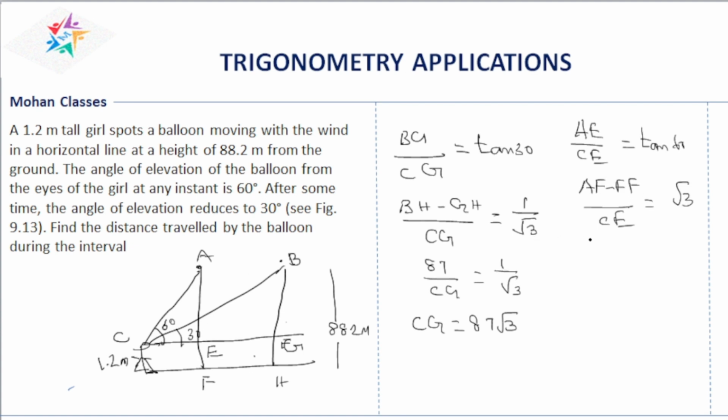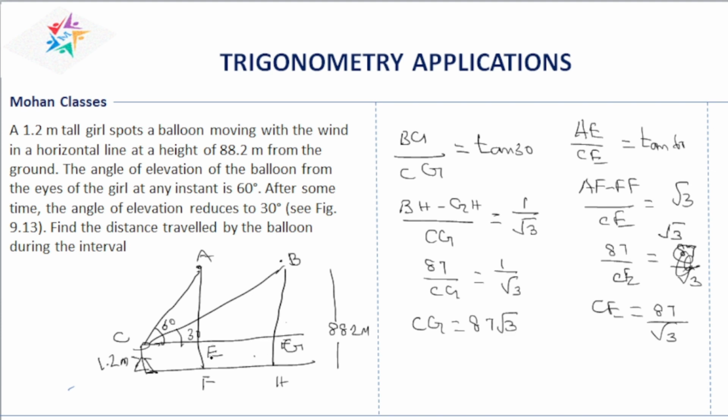AF minus EF, that is equal to 87. 87 by CE equal to root 3. What will you get? 87 by root 3 will come, right? Sorry, it is root 3 only. CE is equal to 87 by root 3.